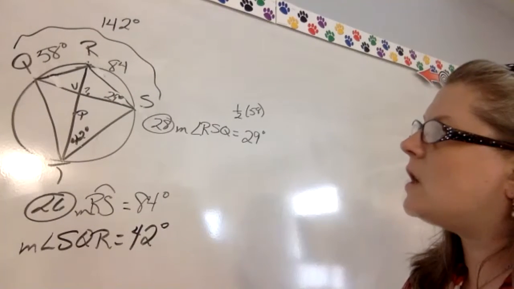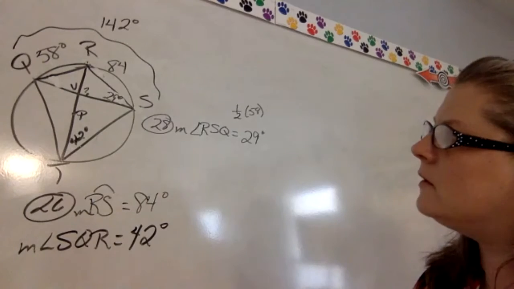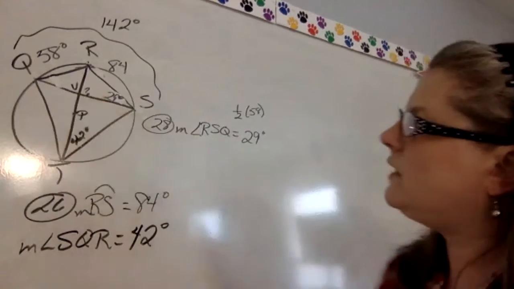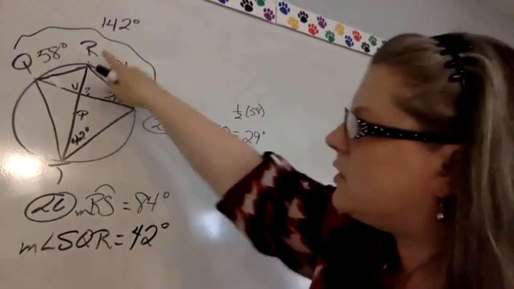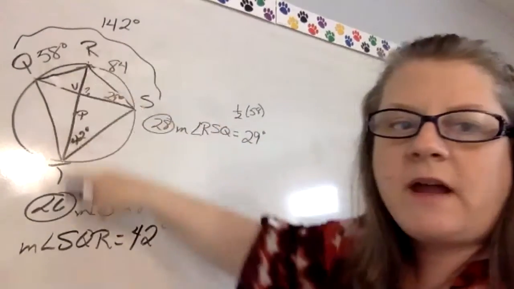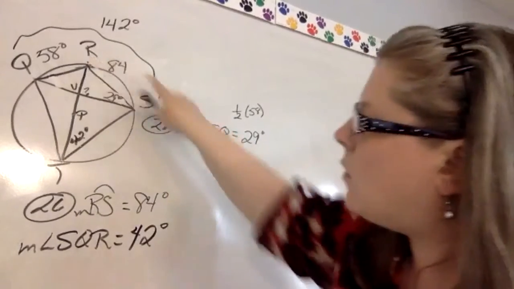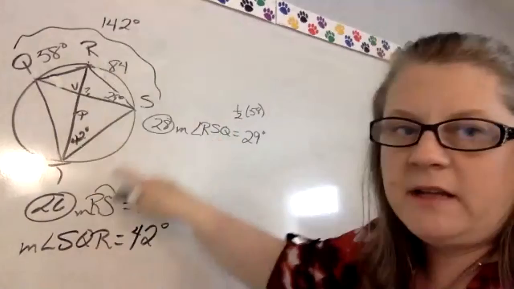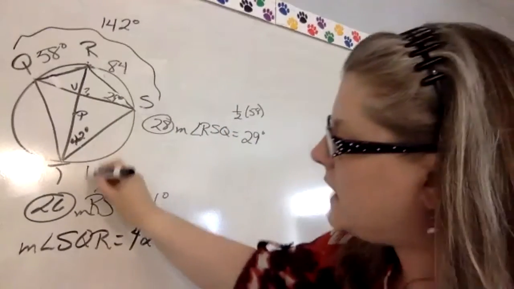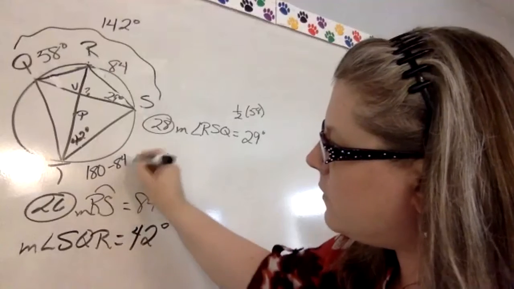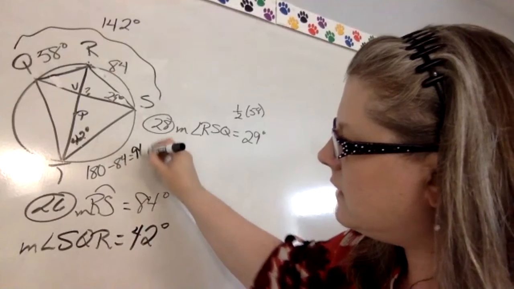Now, it wants to know the measure of what? RUS. Now remember, we said RT passed through the center of the circle, which means it divided the circle into half, 180 degrees. So this whole half of the circle is 180 degrees. So if this part's 84, I can find this part. Take 180 minus 84, so this part's going to be 96.